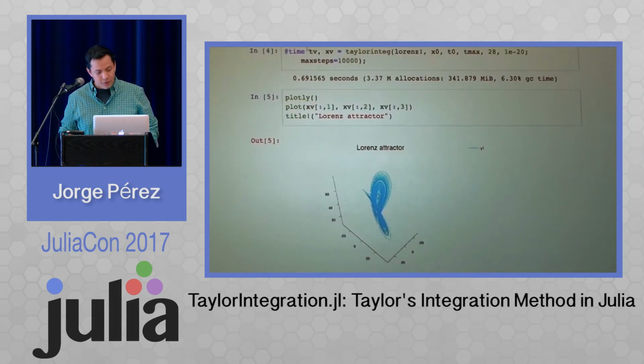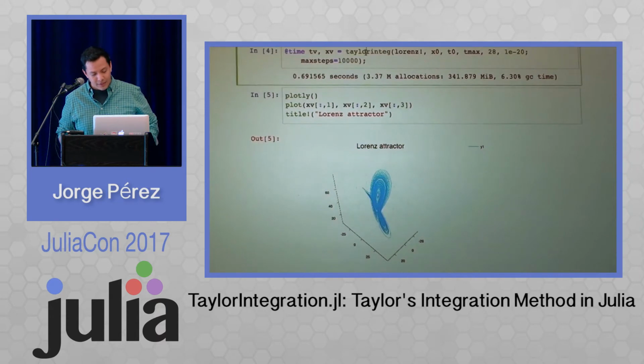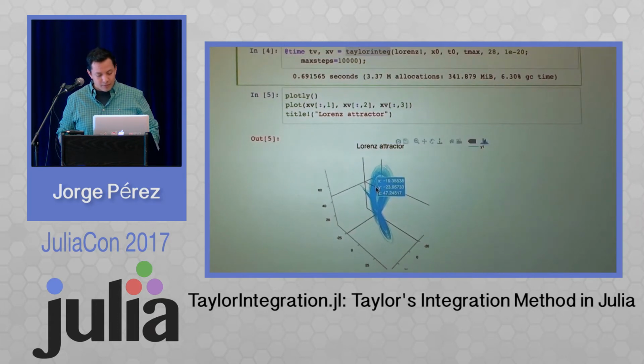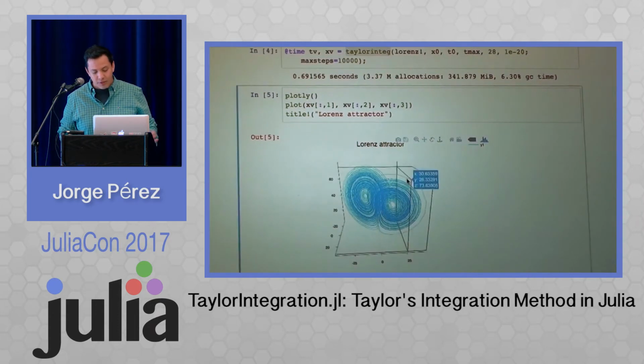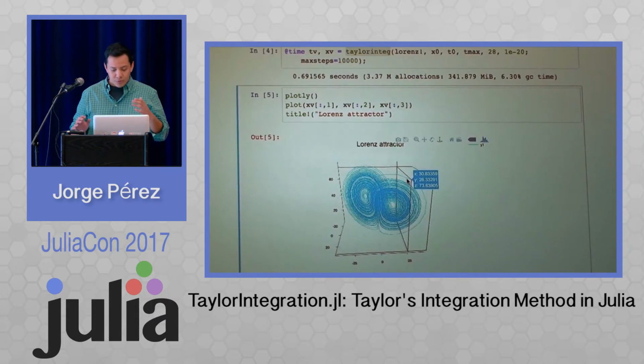And then using this TaylorInteg command, we are able to get the solution. So here I'm plotting the Lorenz attractor, and we have been trying to build an interface which is close to what DifferentialEquations has, in order to have a common interface.